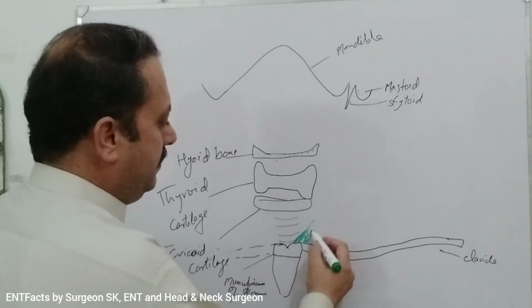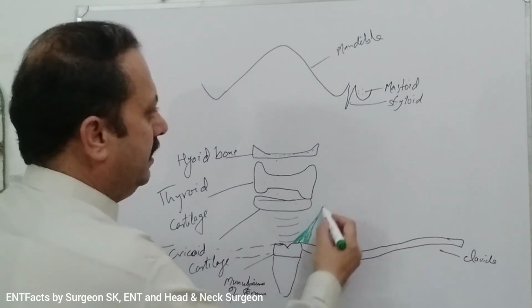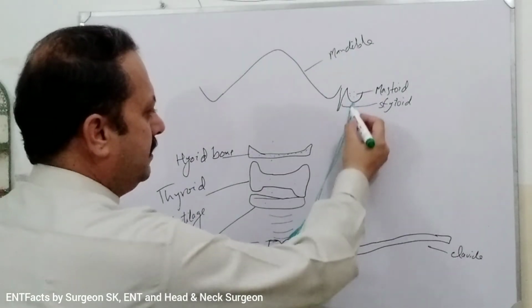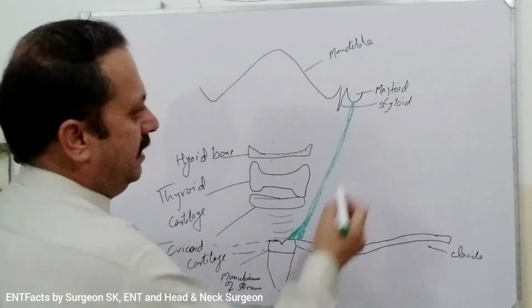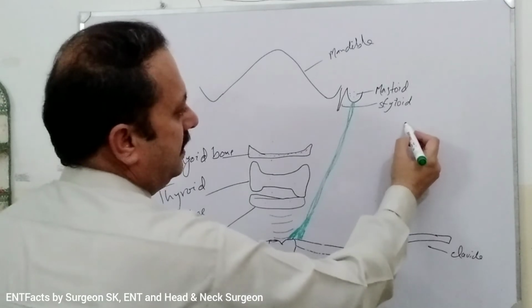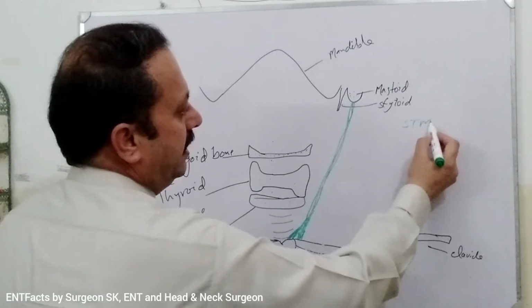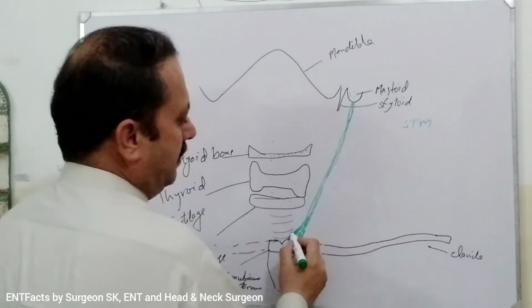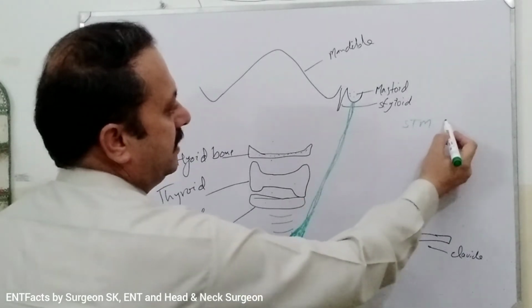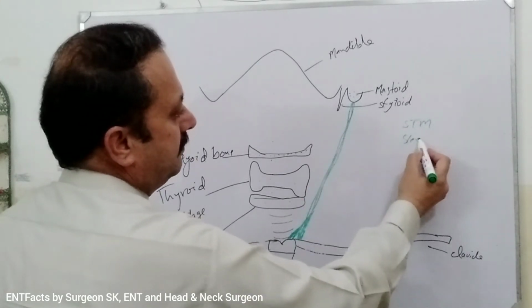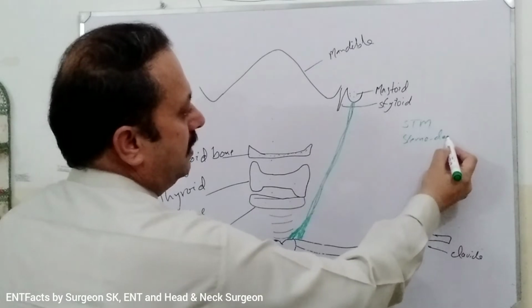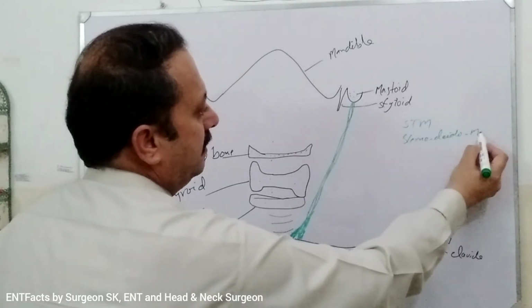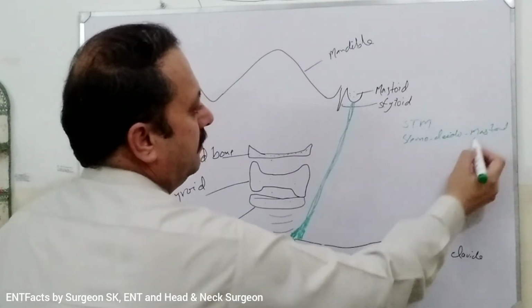These two ends join to make a muscle and insert here on the mastoid bone. This muscle is called sternocleidomastoid muscle.